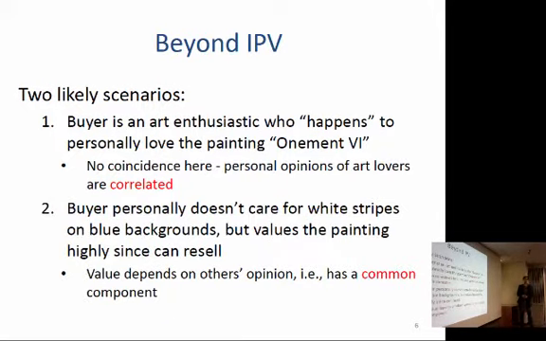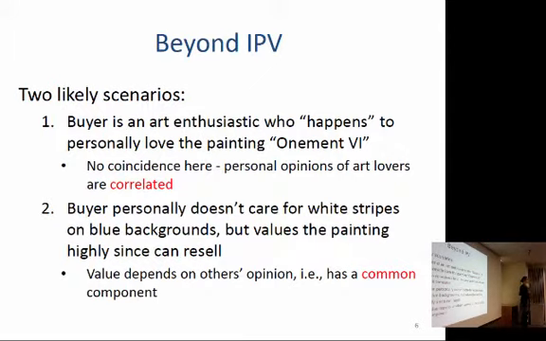Then another explanation is the reselling thing that you guys mentioned. Maybe the buyer personally couldn't care less about a white stripe on a blue background, but he values the painting really highly because he knows he can resell it.